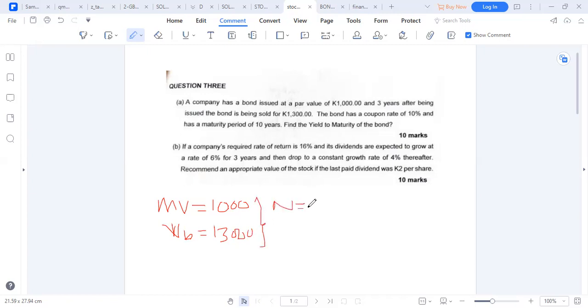The N, 10 minus 3, which is what? 7. It's a 10-year bond, but was issued after 3 years. What else? The small i is 10%. So meaning capital I is 100, 10% of 1,000. Is that all we have? Yes. The rest, you calculate the value of the bond. I will not solve this, it will be your homework.